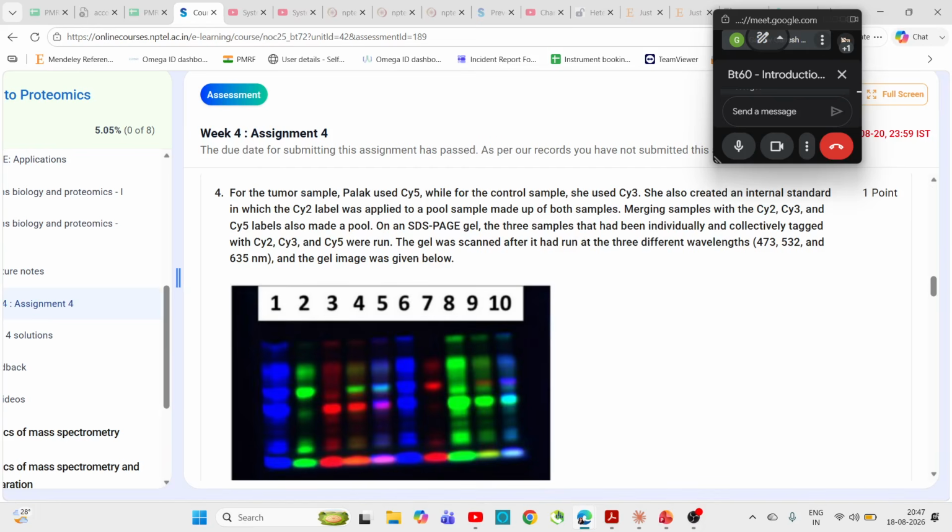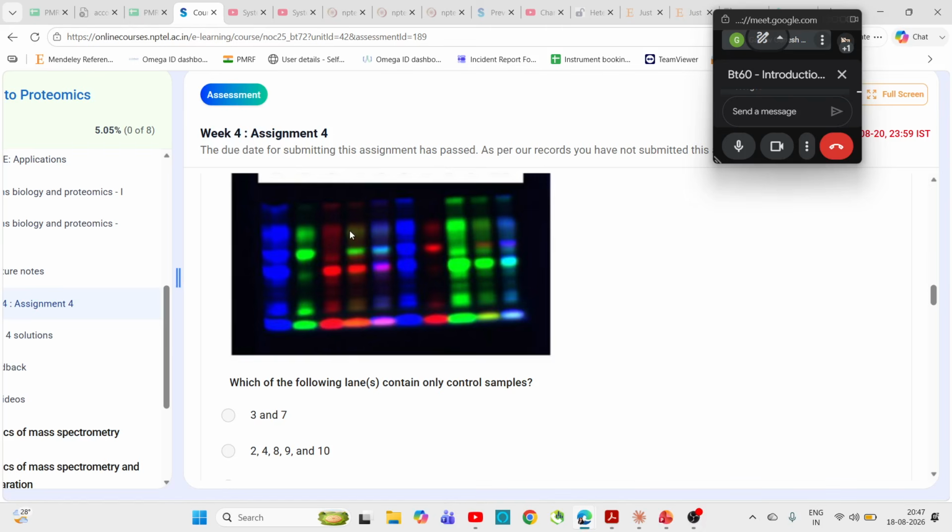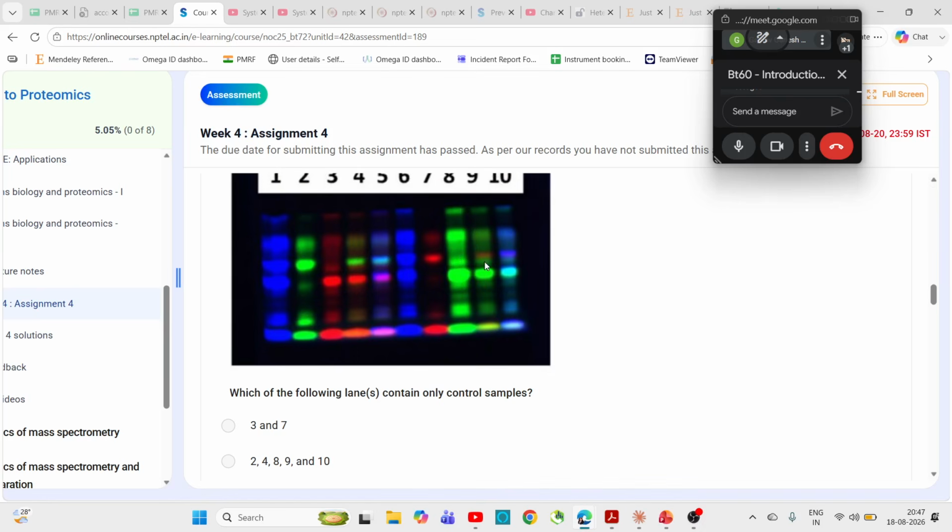Now the question is only control, so you need to see the lane in which there is only green. This has a mixture of colors, this has a mixture of colors, and I think even this ninth one has red also, so even that is mixed together.